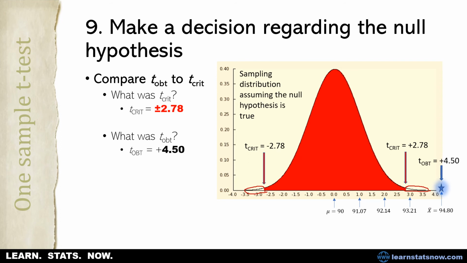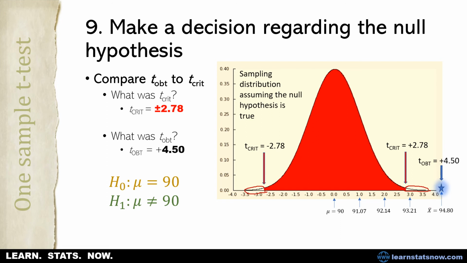Now let's go back to the notation for our null hypothesis and alternative hypothesis. If you recall, the null hypothesis was that the sample mean that we would observe, which represents a larger population mean, should equal 90. And the alternative hypothesis is that it would not equal 90.